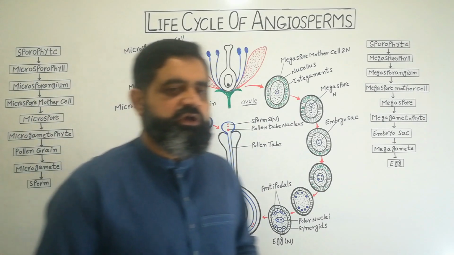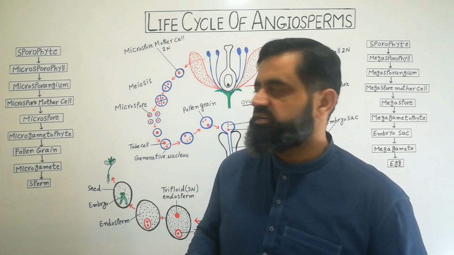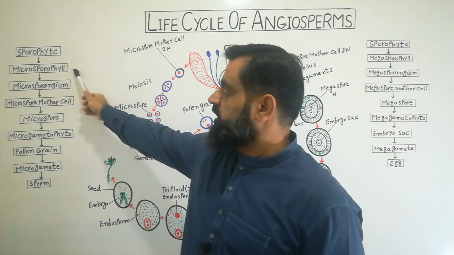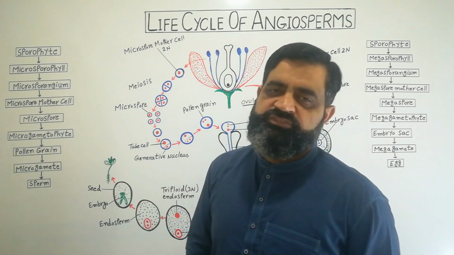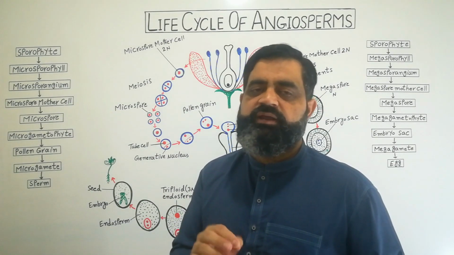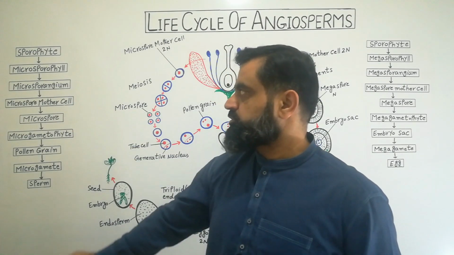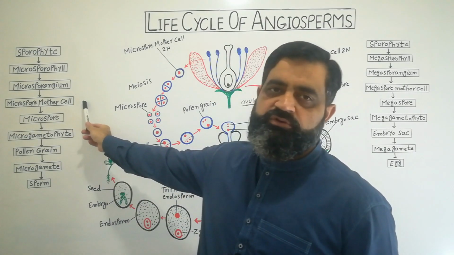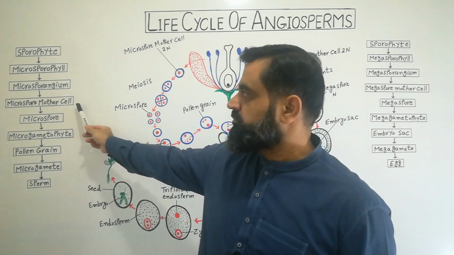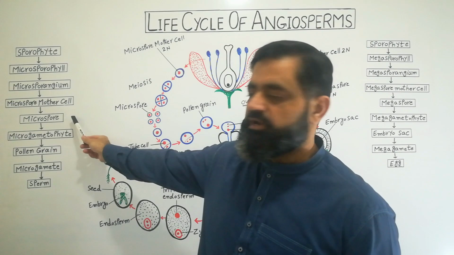Now I have summarized it for you in a schematic way so you can understand it easily. Sporophyte plant. Sporophyte plant contains microsporophyll, which means male. Remember that we always use mega for female and micro for male. Microsporophyll contains microsporangium. Microsporangium contains the microspore mother cell, which is diploid, undergoes meiosis, and produces microspores which are haploid.